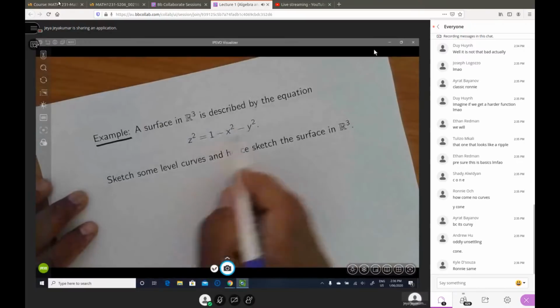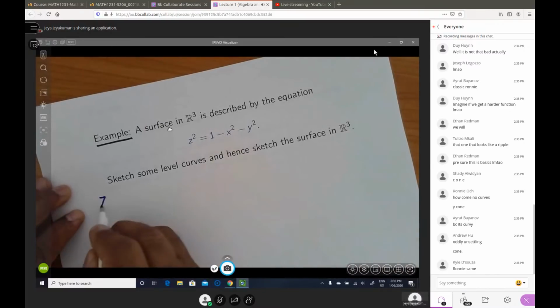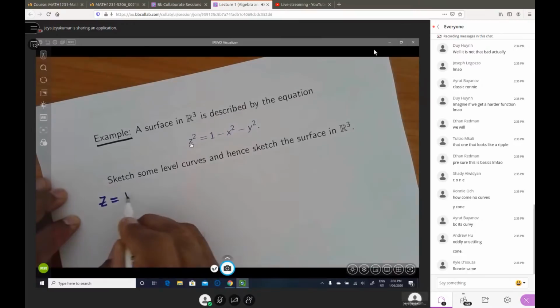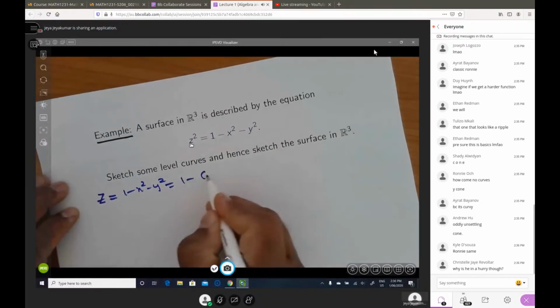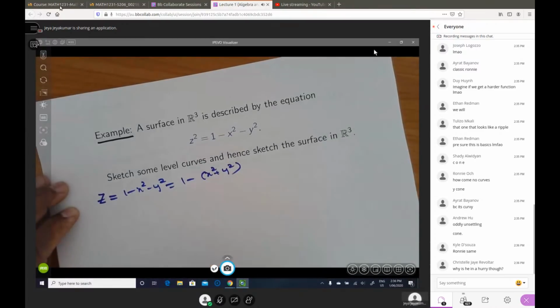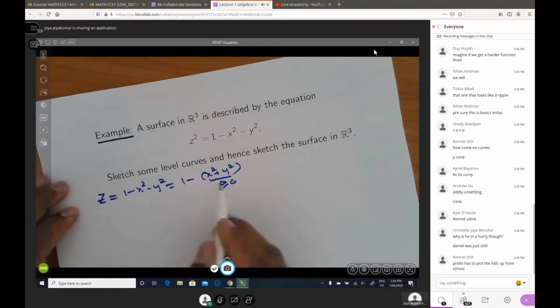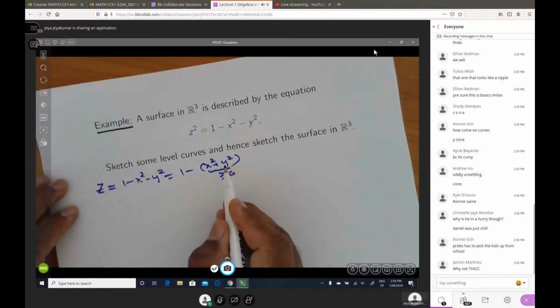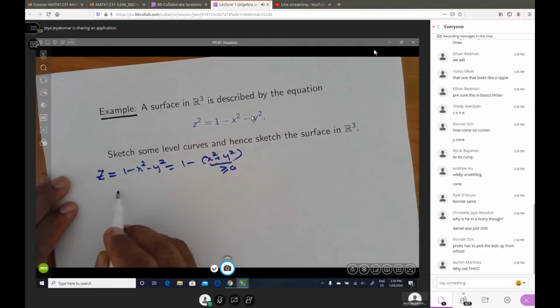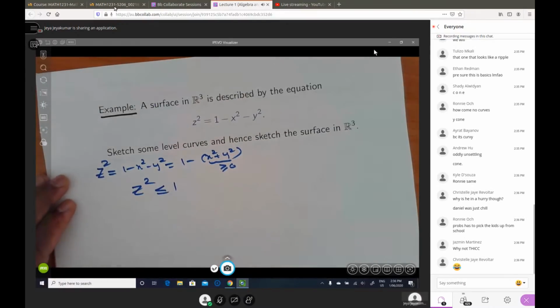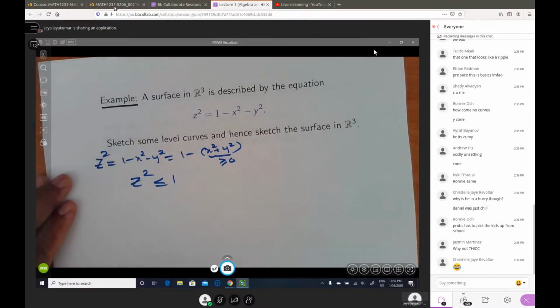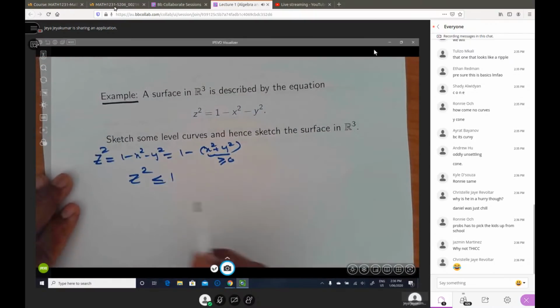Now, again, look at the structure of the equation first. So note here, z squared equals 1 minus x squared minus y squared, which is 1 minus (x squared plus y squared), right? x squared plus y squared is a sum of squares, so that is always bigger than or equal to 0. Okay, so we're taking away a non-negative term from 1, therefore z squared should be less than or equal to 1.